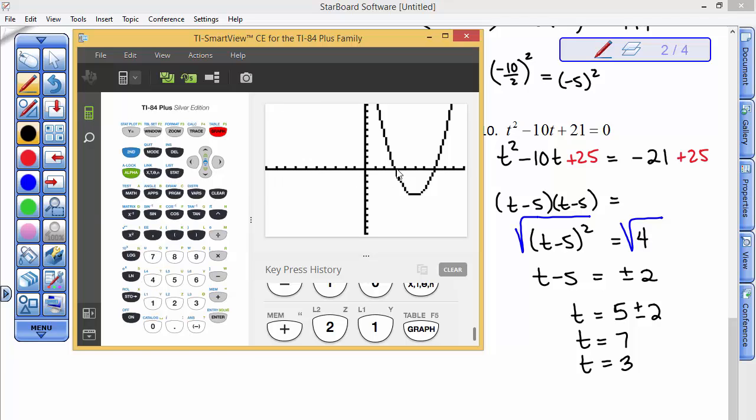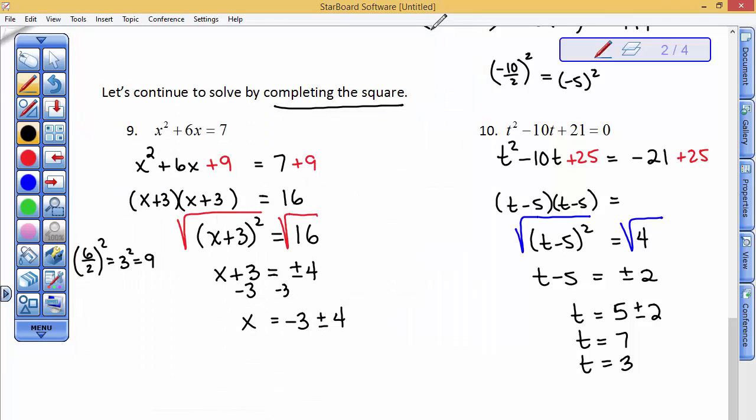And so I'm just asking you, has this parabola for this quadratic equation crossed the x-axis at 3 and 7? 1, 2, 3, 4, 5, 6, 7. Absolutely. So the two solutions to this equation are where the graph crosses the x-axis. So a really slick way to solve an equation is this way as well.